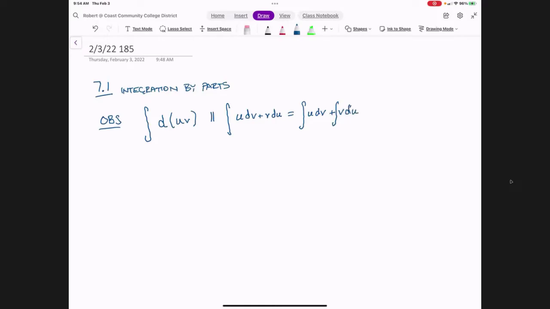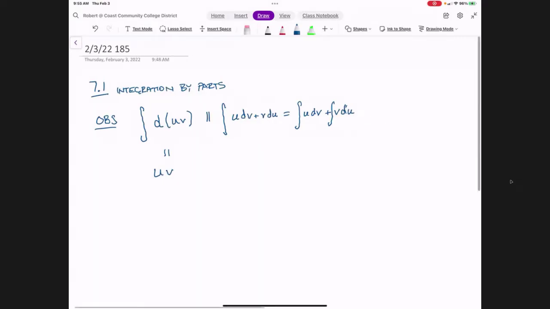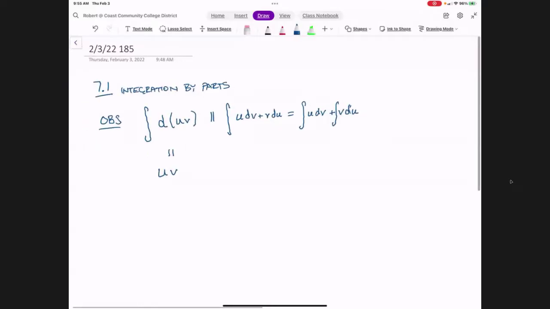But on the other hand, this is just equal to uv, right? And so where we conclude here is that uv is equal to the integral of u dv plus the integral of v du.